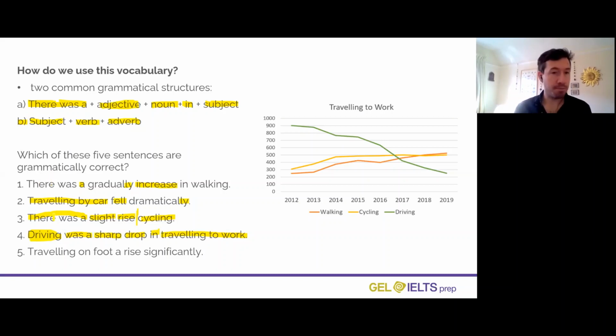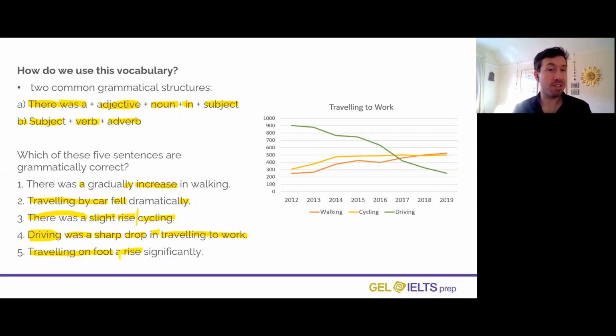And number 5. Traveling on foot arise significantly. Well, the subject here, we've got traveling on foot is at the beginning. So that's the subject of the sentence. Arise. Rise is a verb, but arise is a noun.